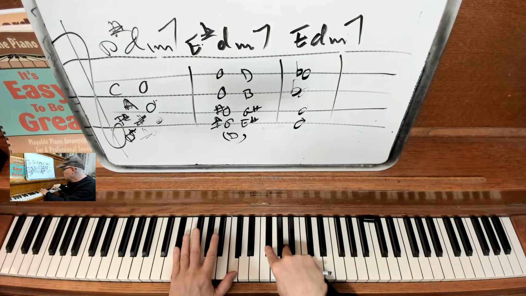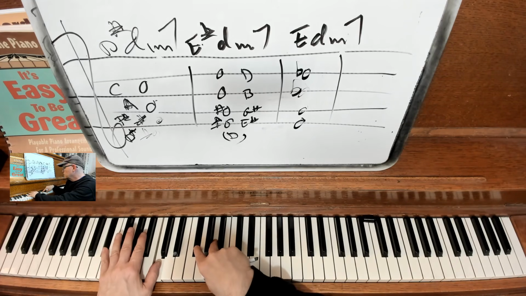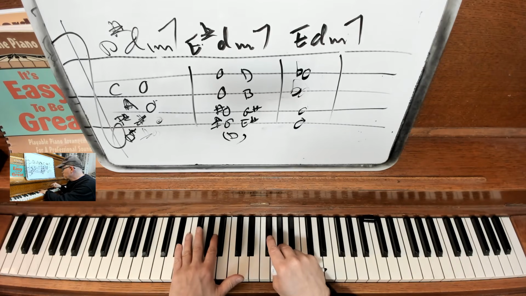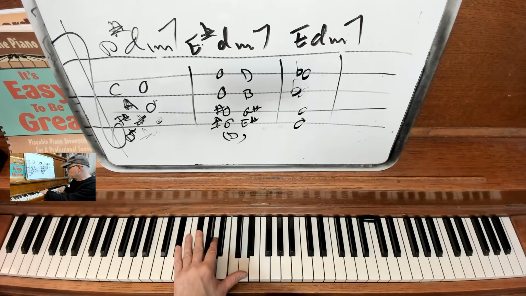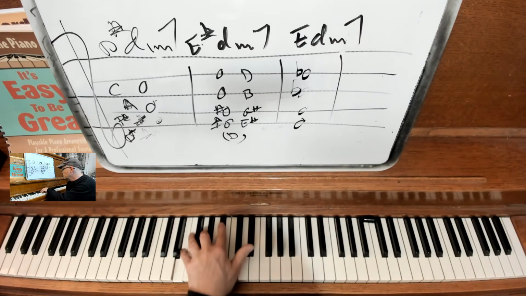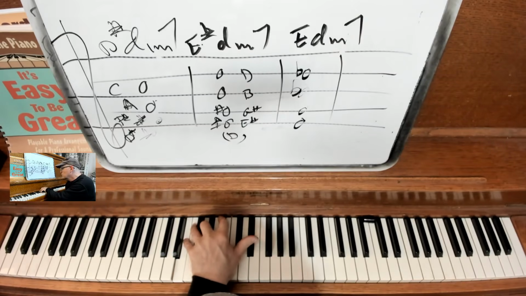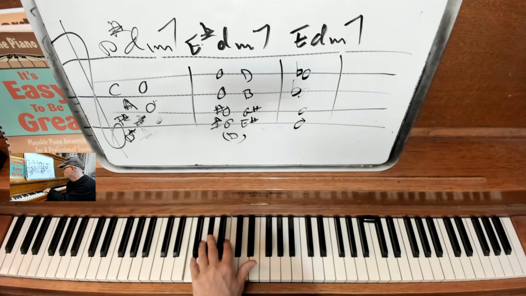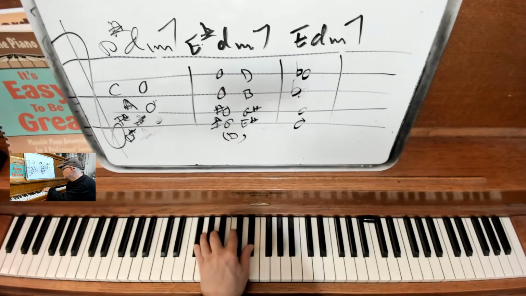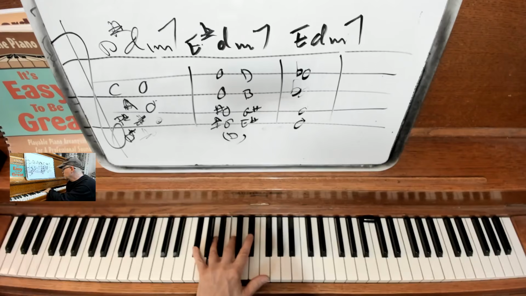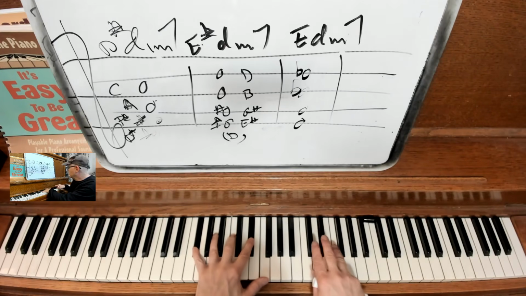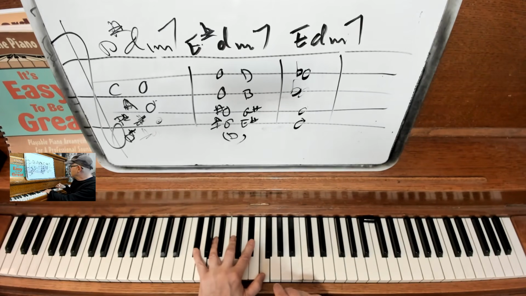You can also open the chord up, of course, but that's a little trick for your diminished chords. You just stick in that extra note instead of this. It's a real nice sound.